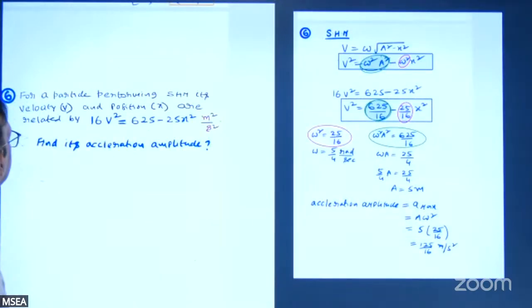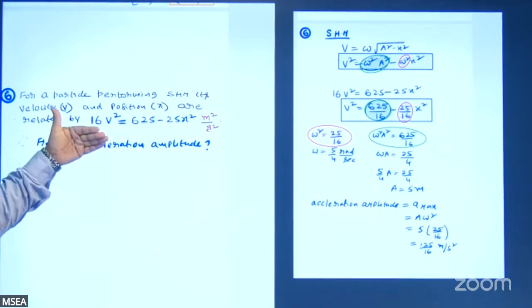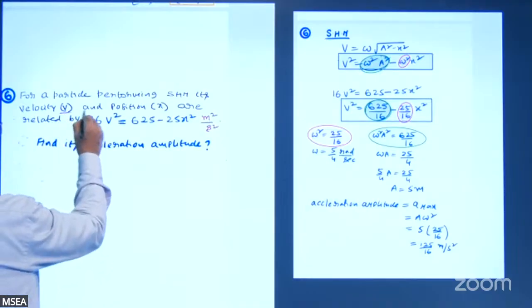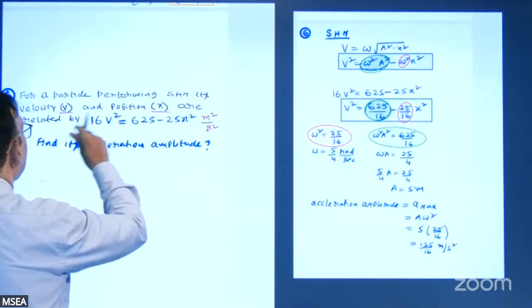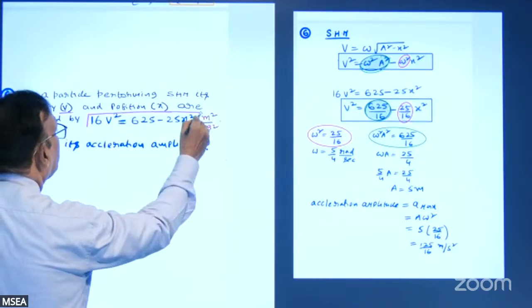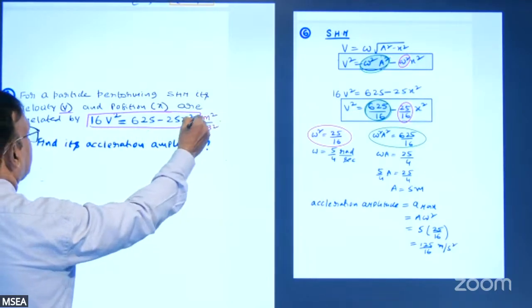See here. It is an important model. Many entrance exams ask this question. For a particle performing SHM, the velocity v and position x are related by 16 v square is 625 minus 25x square.